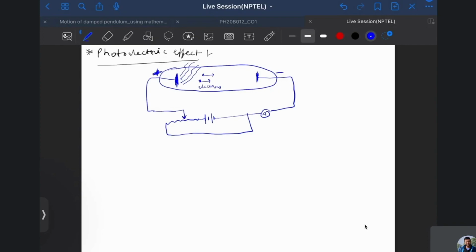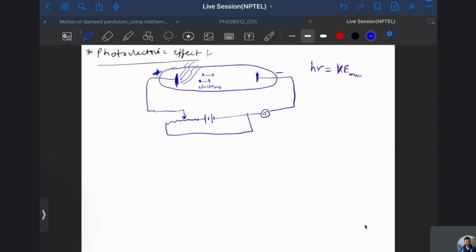The energy carried by the photons which are striking the metal here is h nu, right? And the energy carried by the electrons, let's call it KE max. This is the maximum kinetic energy carried by the electrons.